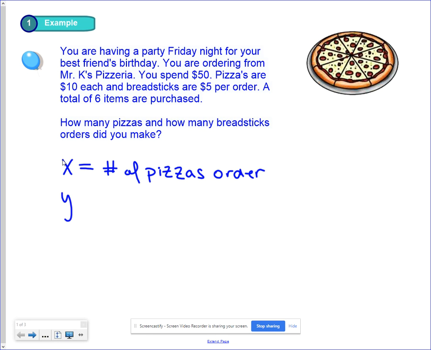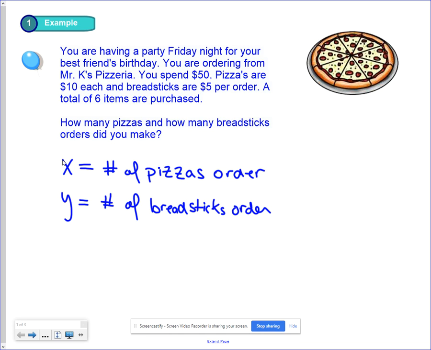We'll let Y equal the number of breadsticks ordered. So this is called defining your variables.